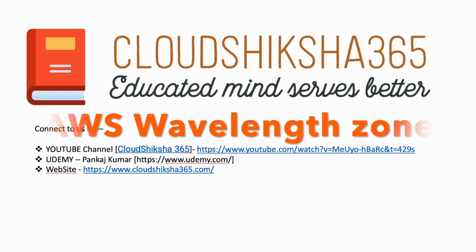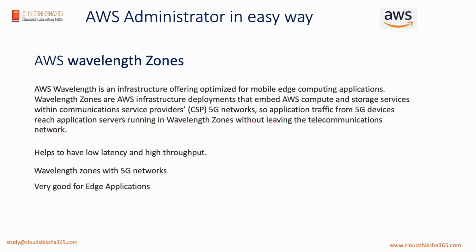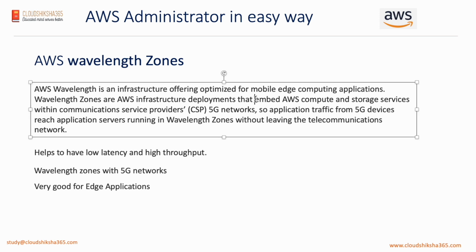So if we take a look at AWS Wavelength Zones, as per the AWS definition, AWS Wavelength is an infrastructure offering optimized for mobile edge computing applications, and these Wavelength Zones are AWS infrastructure deployments that are embedded, if you just pay attention, embedded AWS compute and storage services within communication service providers' 5G networks.